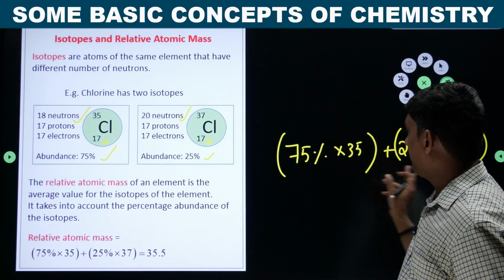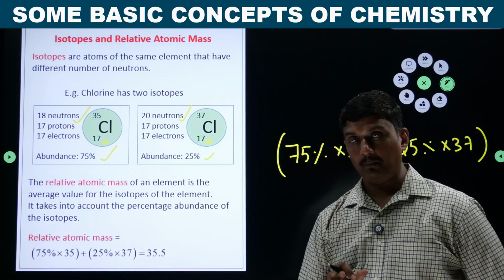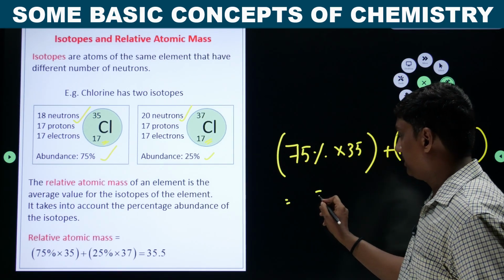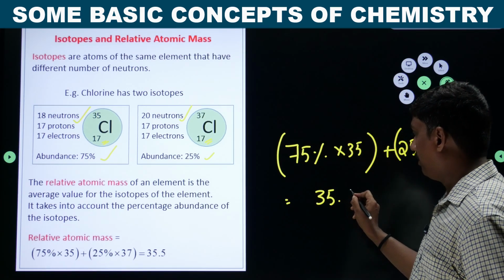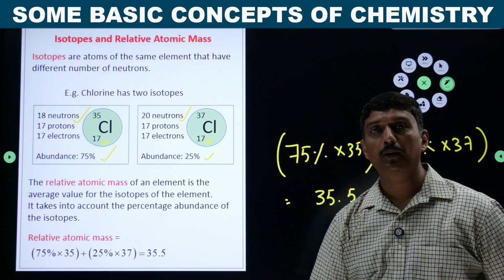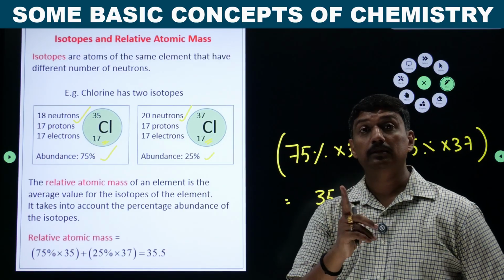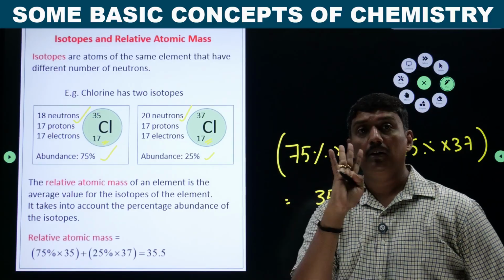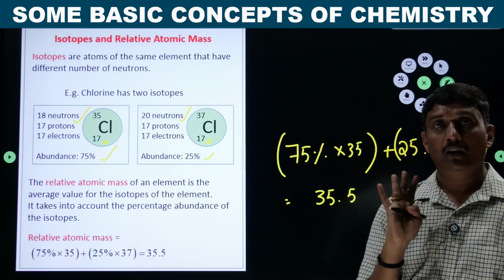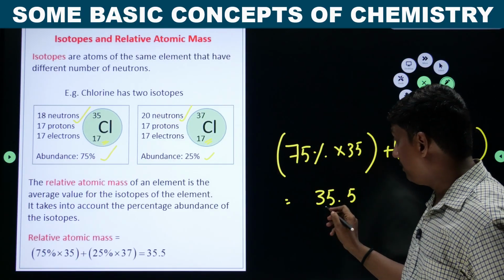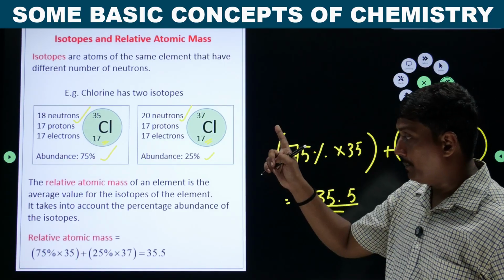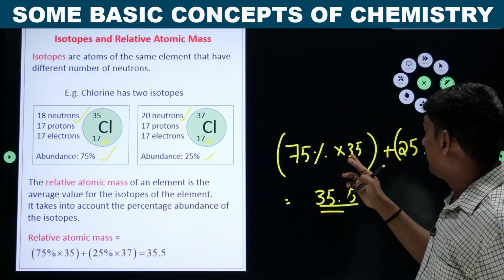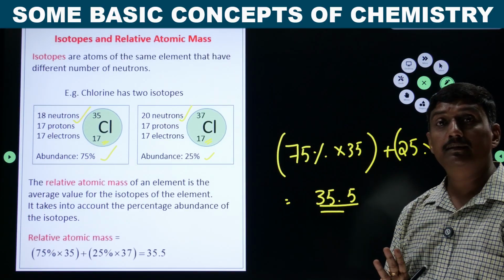Divided by total abundance, which is 100. So we get 35.5. 35.5 is the atomic mass. If I ask the mass number, you will tell either 35 or 37. When it comes to atomic mass, it is 35.5, not 36 or 37.